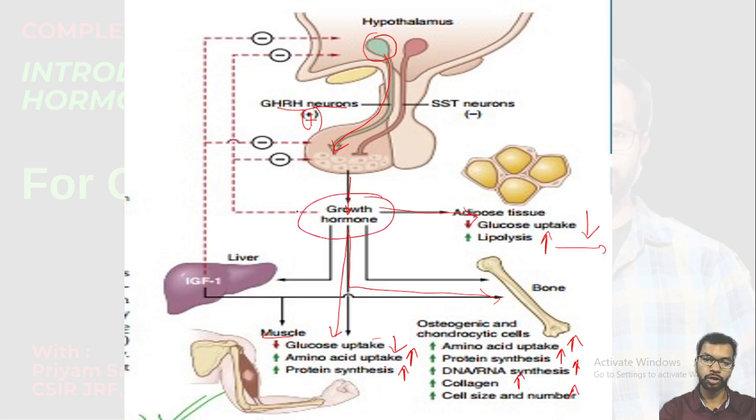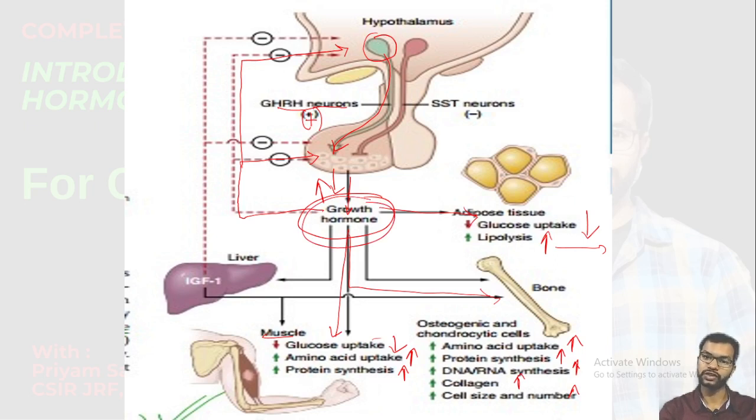Then when growth hormone is increased beyond a certain limit, this growth hormone itself will send a message to the anterior pituitary to stop the secretion of growth hormone, and it will send a message to the hypothalamus also to stop the secretion of growth hormone releasing hormone.